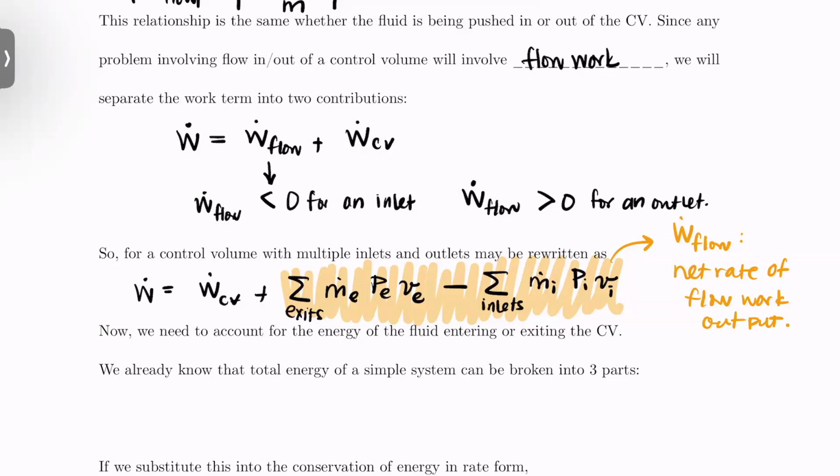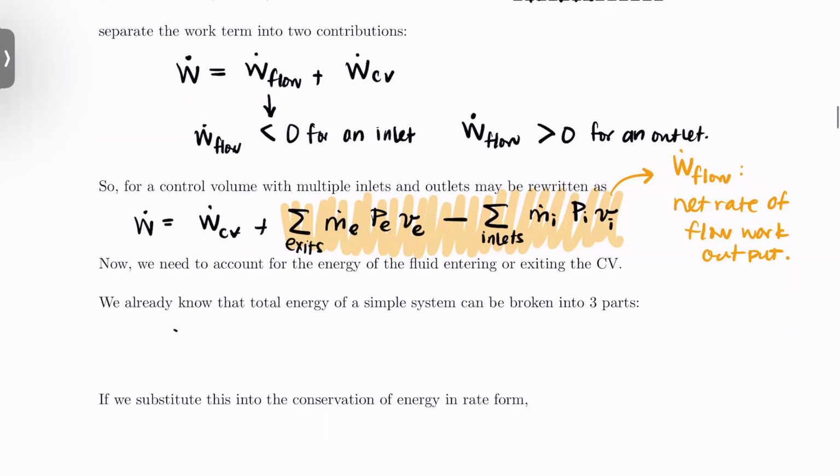Okay, so now we need to account for the energy of the fluid entering or exiting the CV, those E dot mass terms. We already know that the total energy of a simple system can be broken into three parts: internal energy, kinetic energy, and potential energy. So E is equal to U plus KE plus PE, which is internal energy plus 1/2 velocity squared plus g times z.